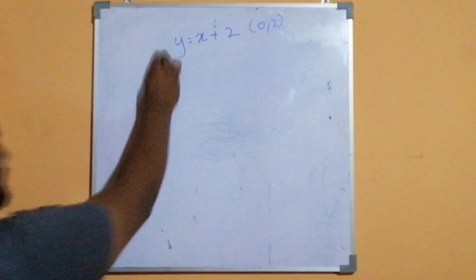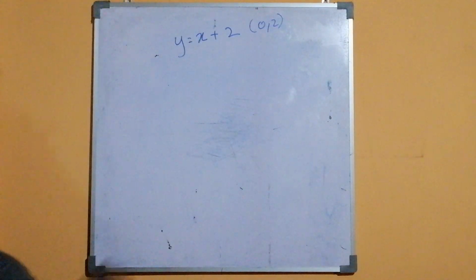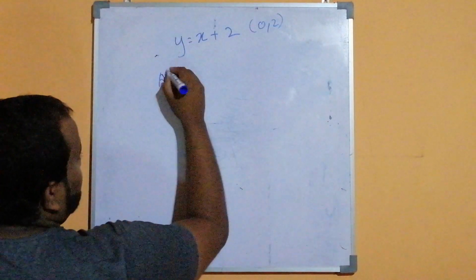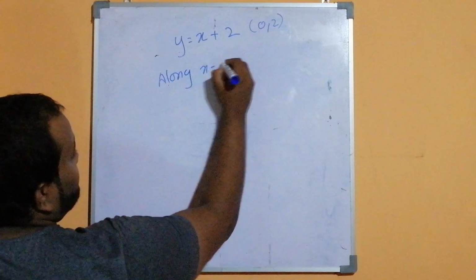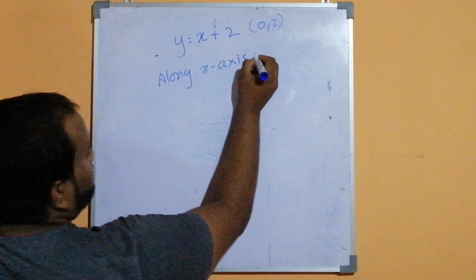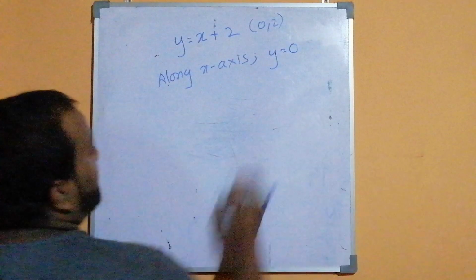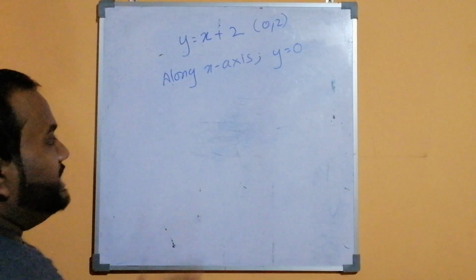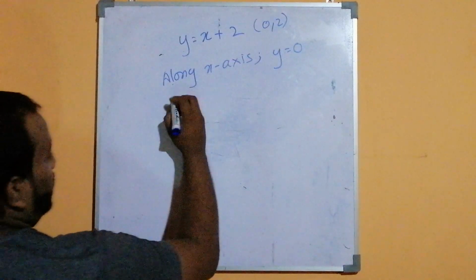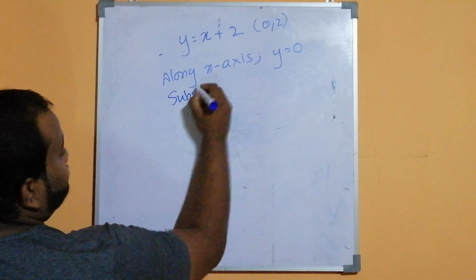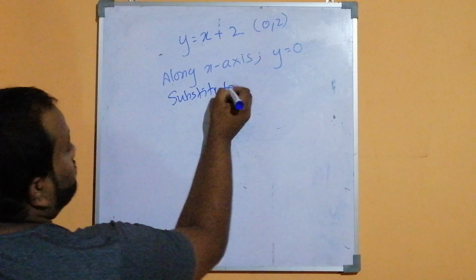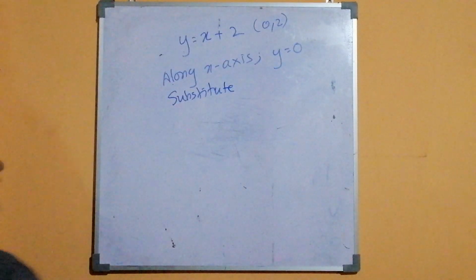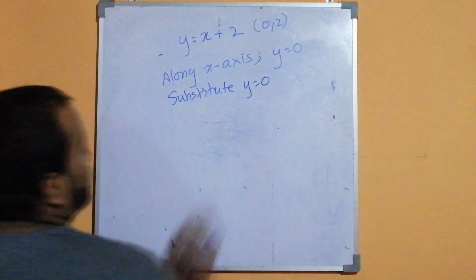Now, along the x-axis, y coordinates are 0. Therefore, we substitute y equals 0.